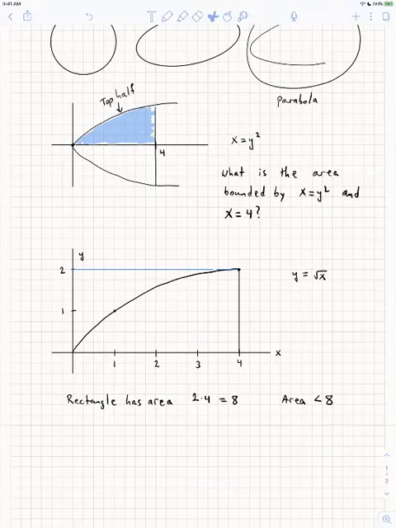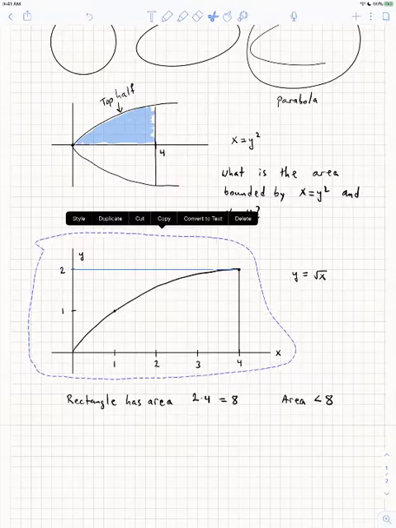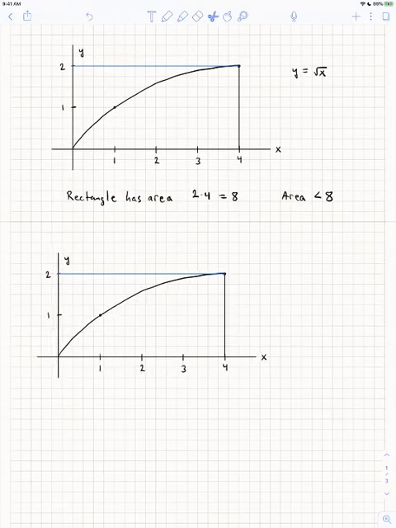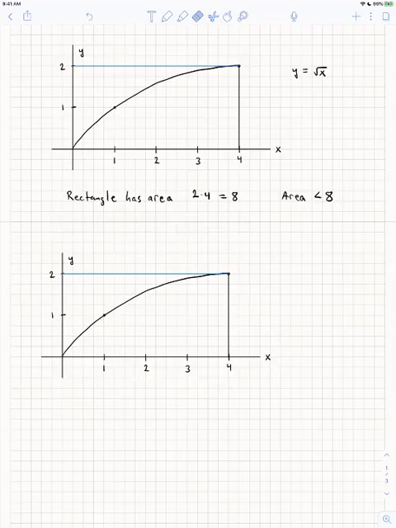Let me just copy and paste this graph so that we don't have to draw it again. And let's paste it down here. What I want to do is use not one rectangle, but several. For example, let's use 4 rectangles, each having base length 1.